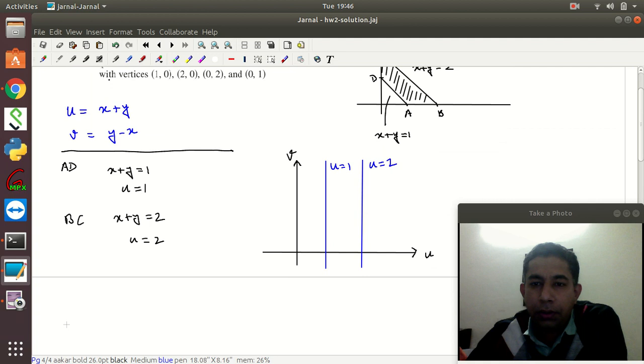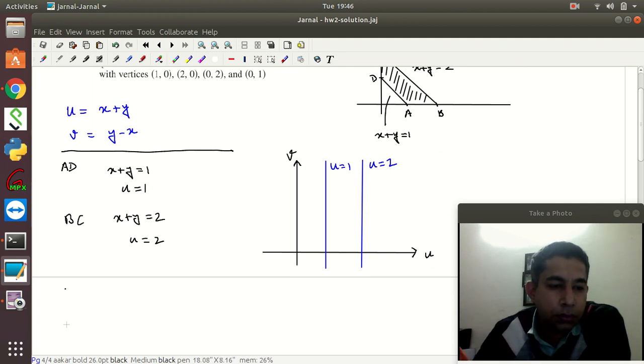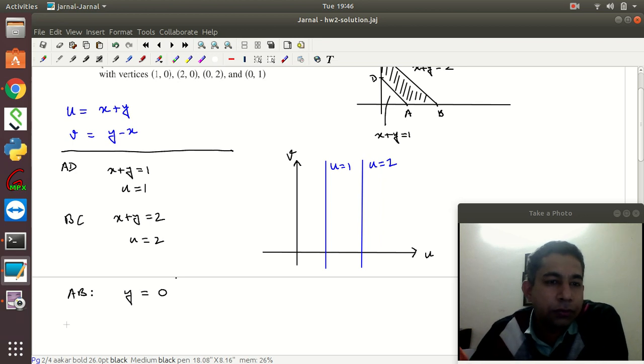All right, so AB was what? The line AB was y is equal to 0. Okay, so y is equal to 0 in xy coordinates becomes what? So even from here, what is y?